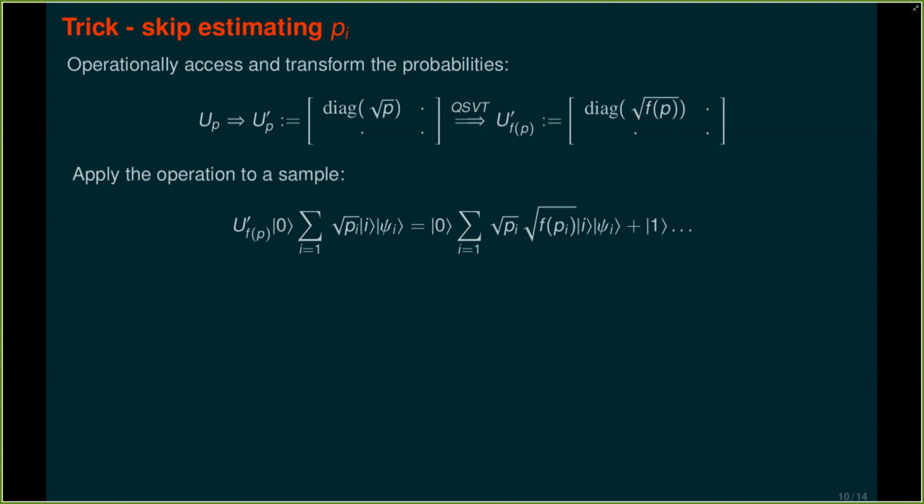And if you measure this state and condition on the first qubit being 0, then you get something proportional to the expectation value, sum over p_i f(p_i), and that is just the expectation value of f(p). And whatever your function is, logarithm or what else, you get your final estimate.